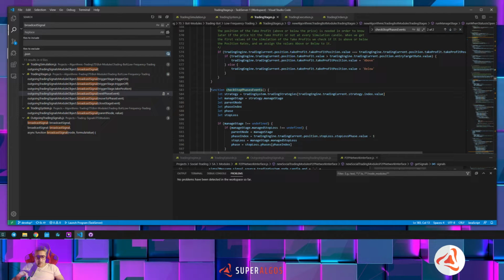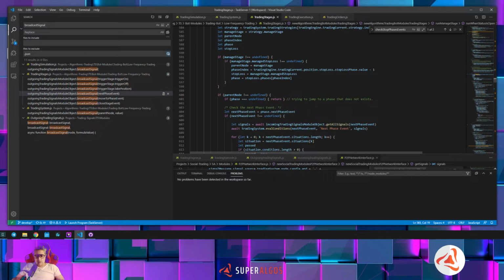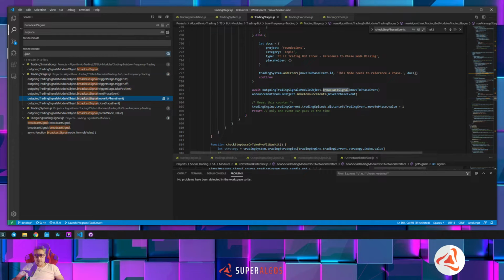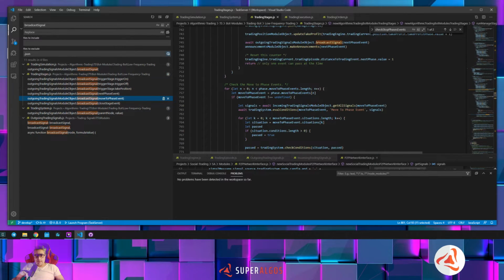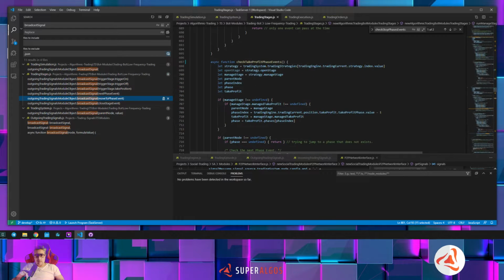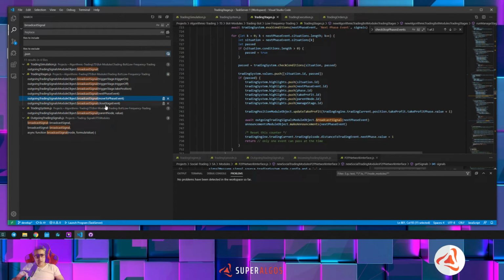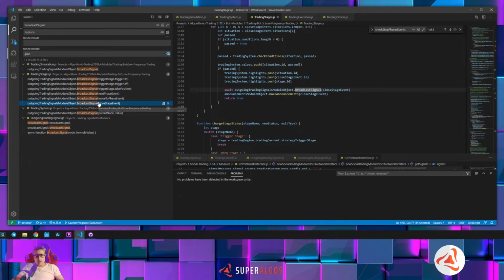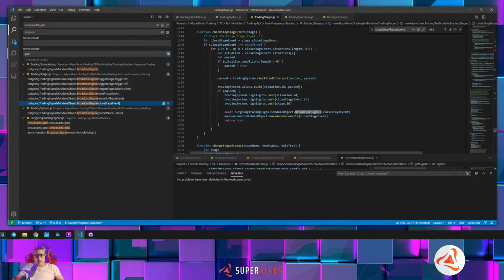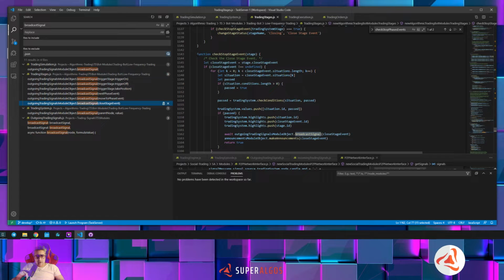And this also needs to be async because it has an await inside. Okay, now this is async, but this is not async.